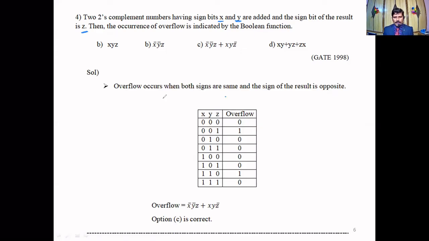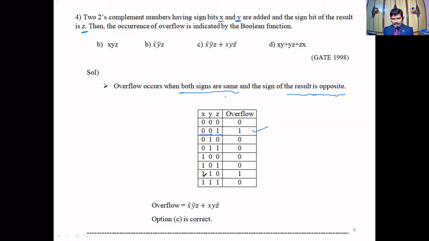Check here, overflow occurs when both signs are the same and the sign of the result is opposite. That means only one case here. When the two sign bits are the same, positive numbers, and Z, the result sign bit, is 1, that is a negative number, then overflow occurs.